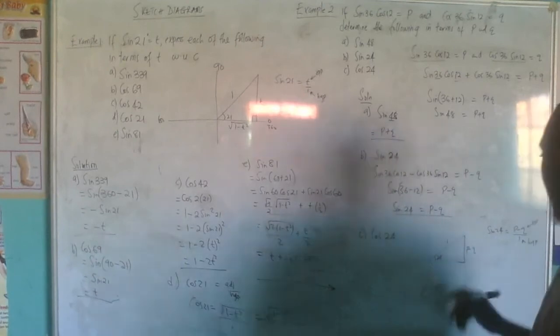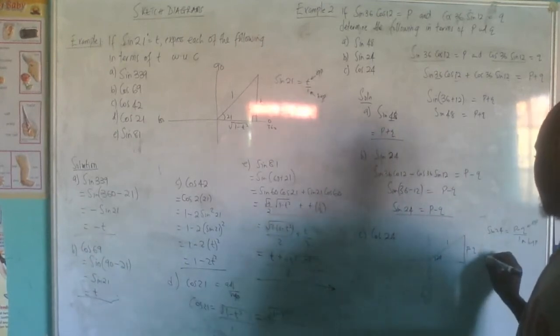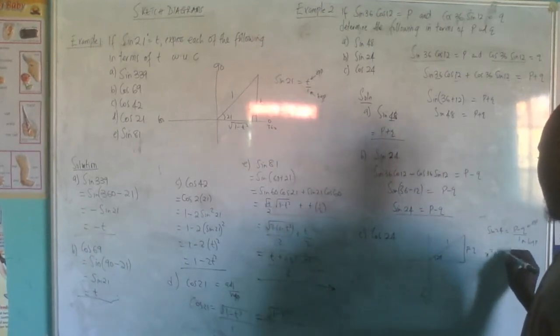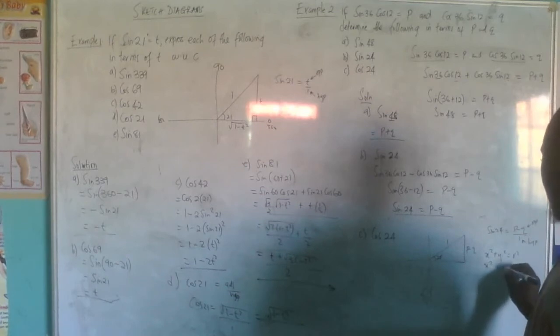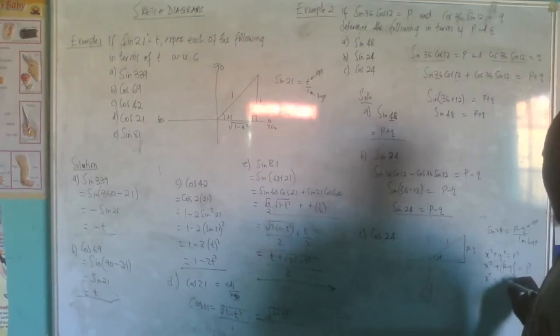Then I have to find my adjacent, using x squared plus y squared equals r squared. x squared is what I'm looking for, my adjacent, plus y squared, which is (p minus q) squared, equals 1 squared. So x squared equals 1 minus (p minus q) squared.